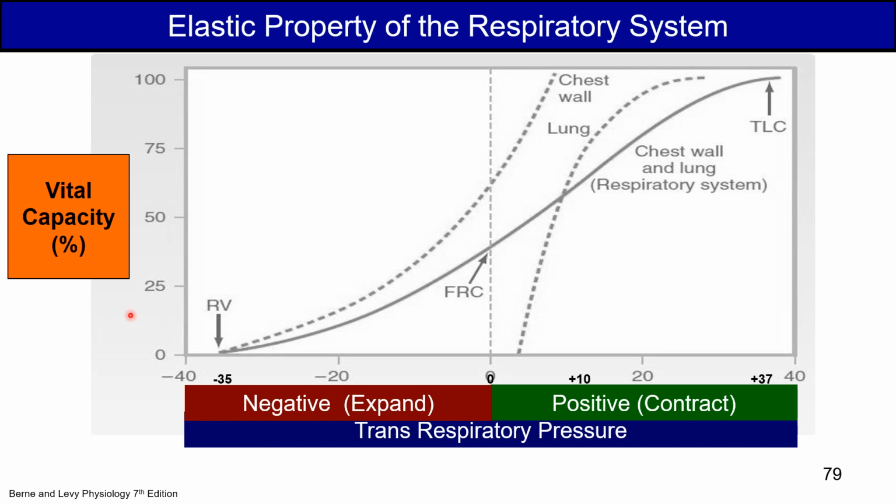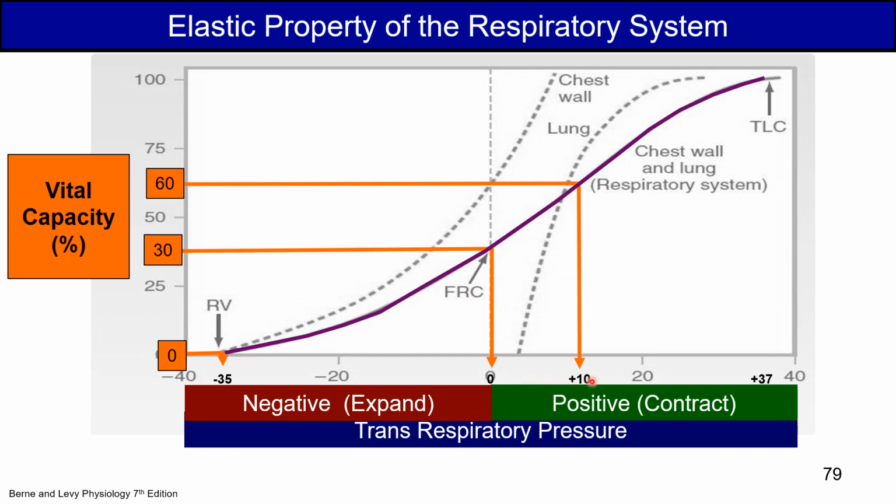Again, the y-axis is still percent of the vital capacity, and this is the elastic line of the respiratory system. At 0% of the vital capacity, the transrespiratory pressure is negative 35. At 30%, it is 0. At 60%, it is plus 10. And at 100%, it is plus 37.